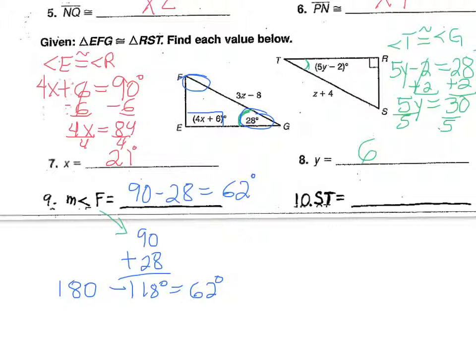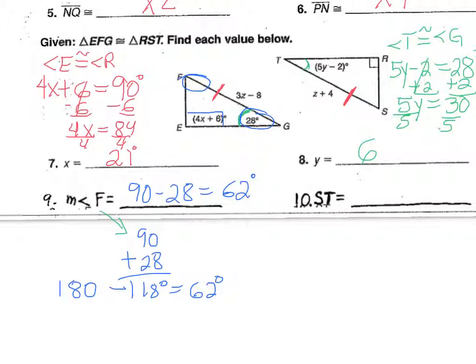Okay, and number 10, ST. Notice that ST is the second and last, and that would be corresponding to FG. So ST to FG, they're congruent. Here, let me erase that.